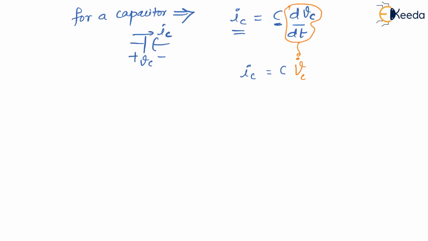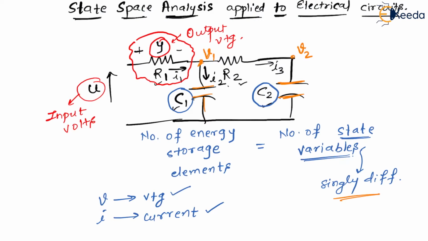Singly differentiable in the sense that we have seen it is C into Vc dot. Since it is Vc dot, voltages have to be taken as state variables in our case. Definitely you cannot take current, you only need to take voltage here, because they are capacitors, energy storage elements.